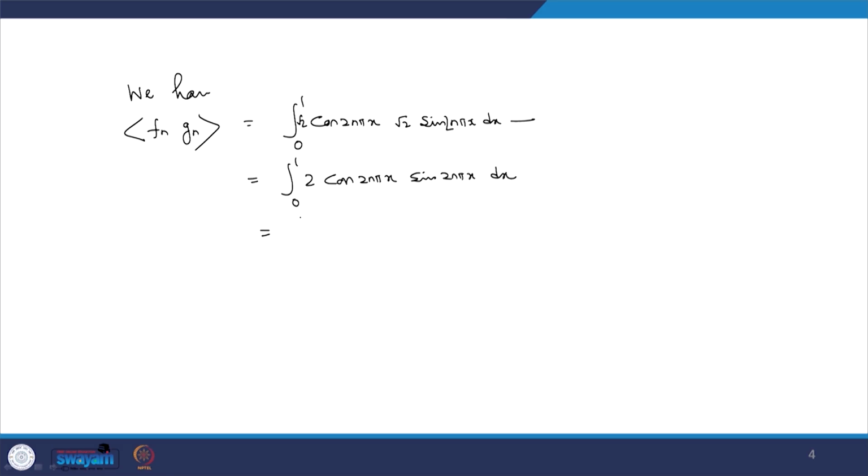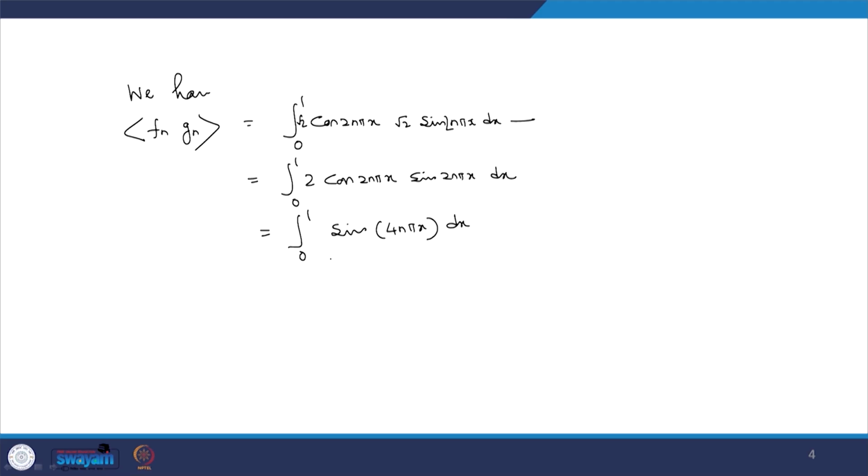Using 2 sin A cos B equals sin(A plus B) plus sin(A minus B), this will be the integral of sin of 4n pi x dx, because the other term, with A minus B, is 0.